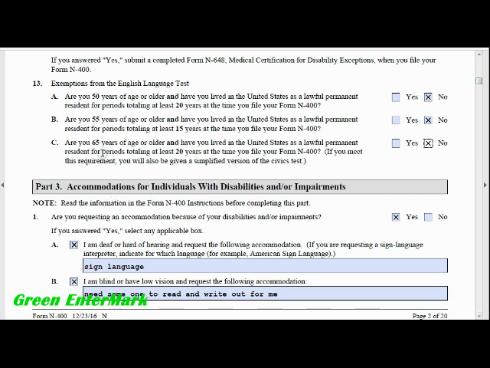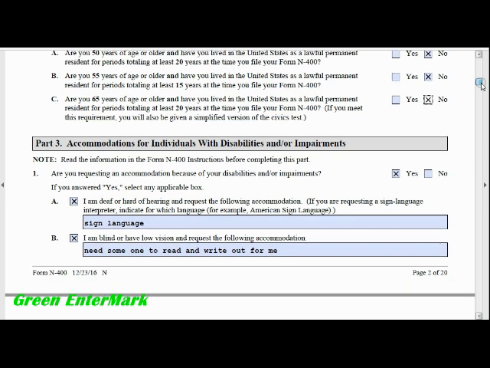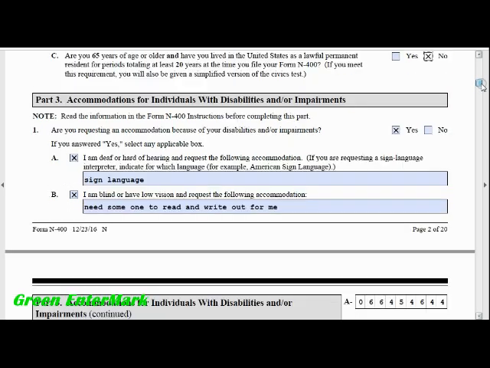Now, this is all about yourself. Part 3 is accommodations for individuals with disabilities or impairments. It is regarding persons who are disabled and want some extra help from USCIS, like an interpreter or other.